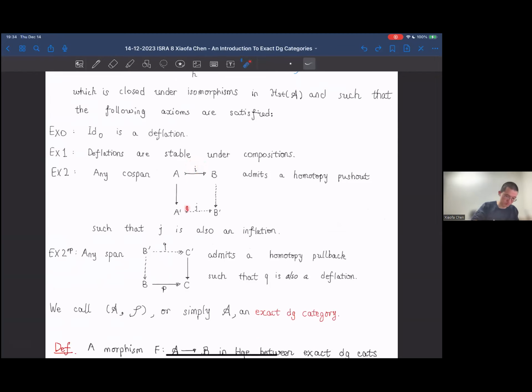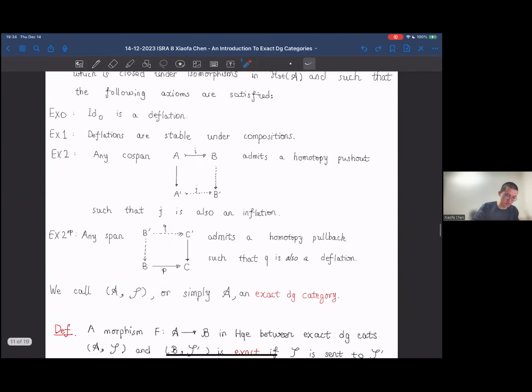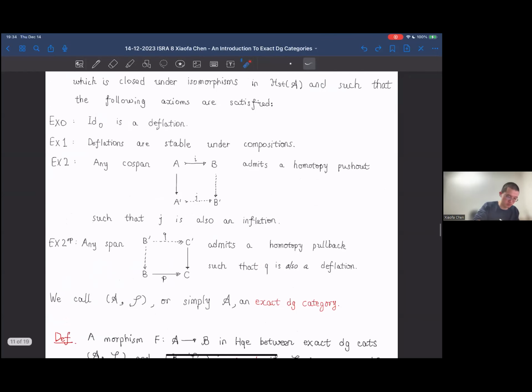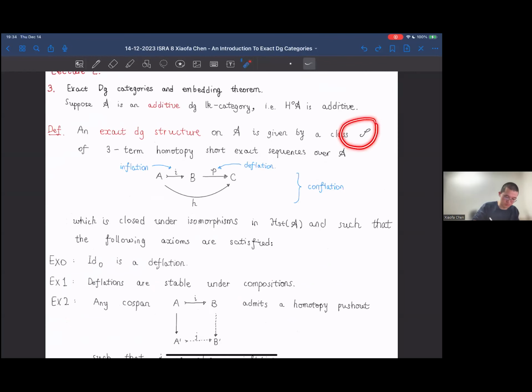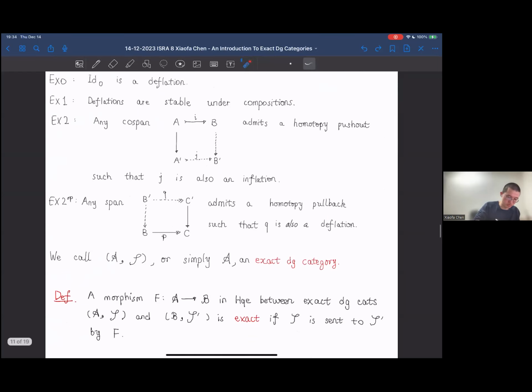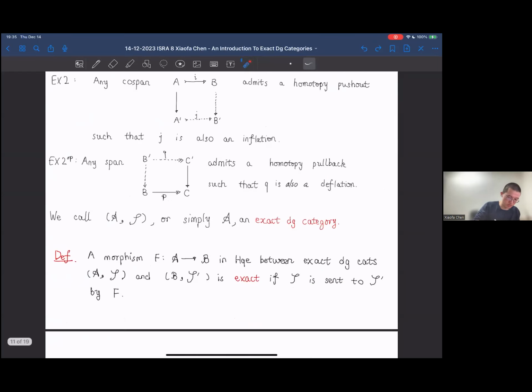And dually, for deflations, that means homotopy pullbacks, and the homotopy pullback of a deflation is a deflation. We call such a pair, an additive DG category A and a class satisfying these axioms, an exact DG category. Now a morphism in Hqe between exact DG categories A and B is exact if this morphism sends objects in this class to objects in this class.